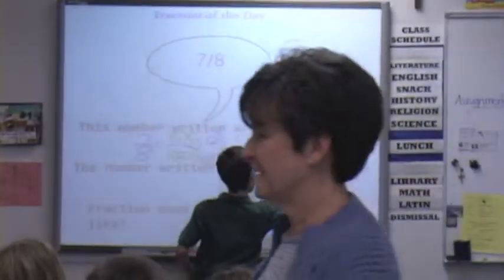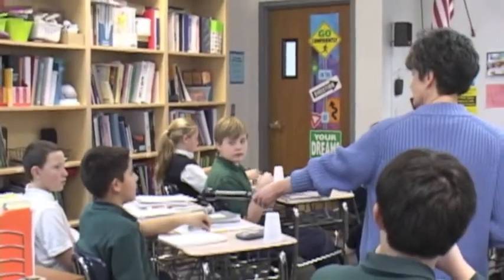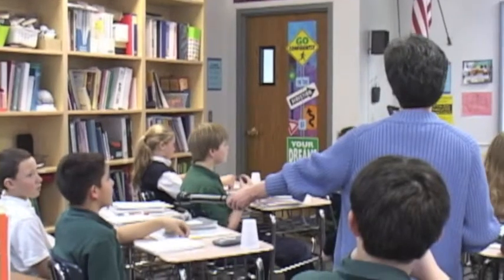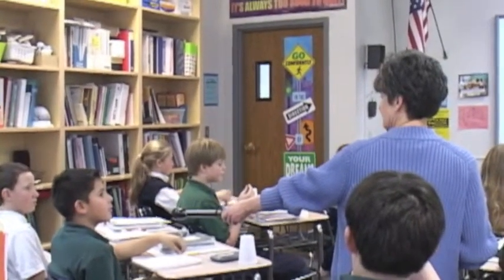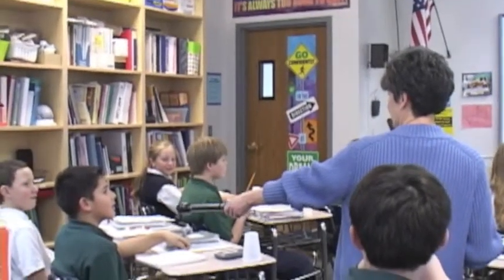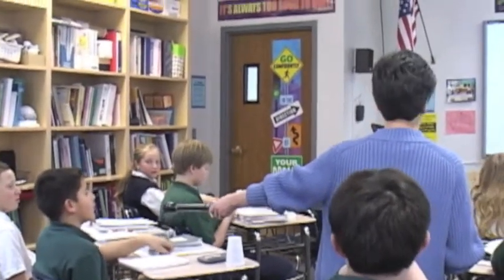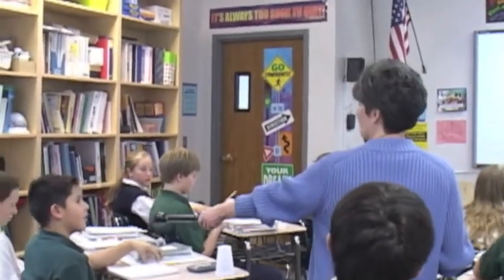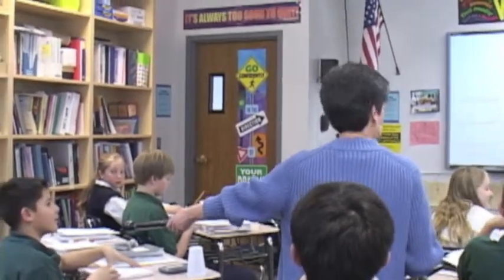Louis, go for it. Oh, well, it's already 80. It would be 875. No, but you have to change it into a decimal. That's what I'm asking. 87 and 5/10.